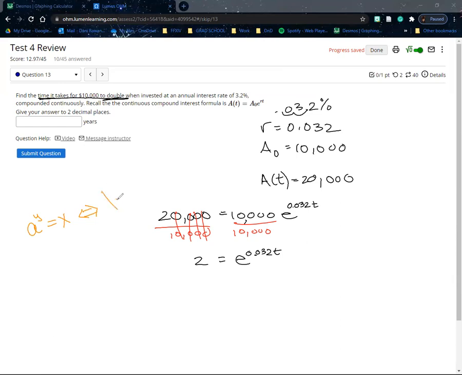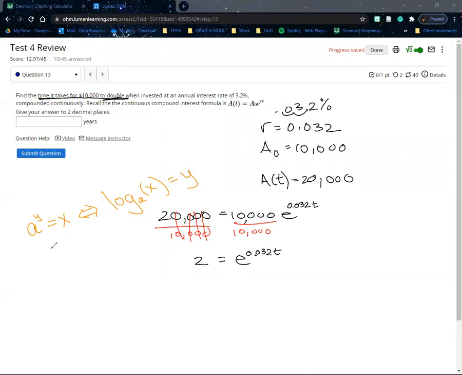So it's the same as log base what? What's the base? Not quite. For the golden ticket, log base a of x equals y. Yeah, good job.